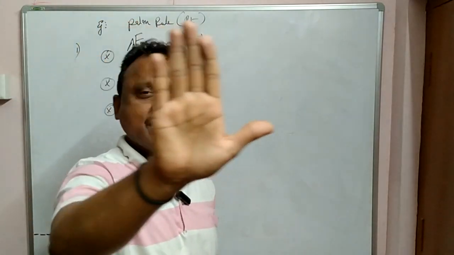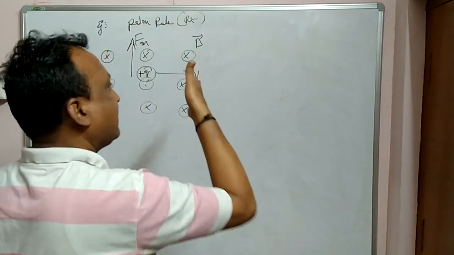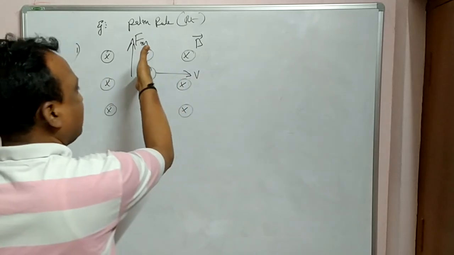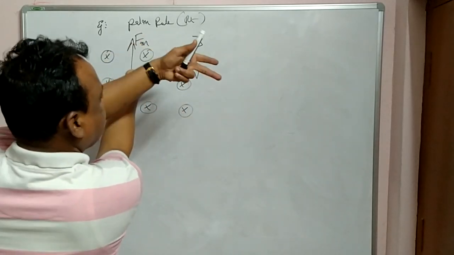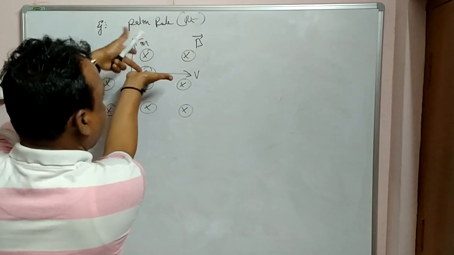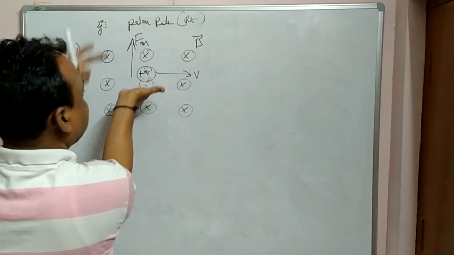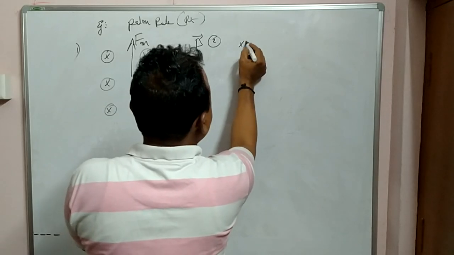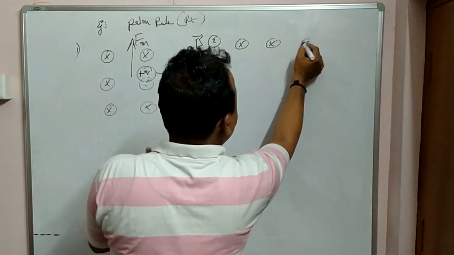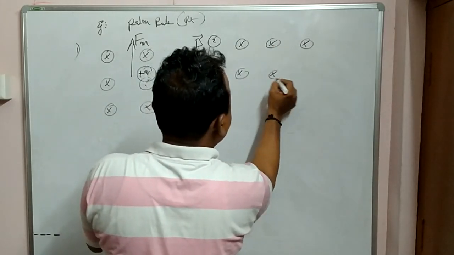Stretch your fingers. Put these fingers along the direction of the magnetic field. And what is the direction of the positive charge? This is the direction. So this palm is indicating the upward direction. So the force will be upward. Same thing we'll do for the next one. For example, this is the direction of the magnetic field.